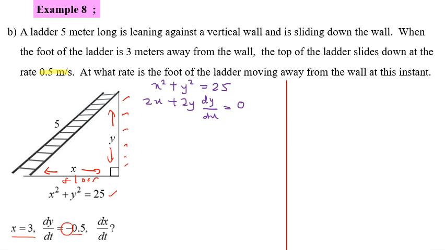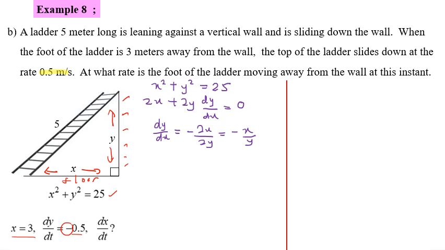So from the equation, we can straight away differentiate implicitly. So x squared will become 2x and y squared will become 2y. And then don't forget, because it is in terms of x, we have to put dy/dx after y. And then differentiating the constant gives 0. So 2x plus 2y dy/dx equals 0.